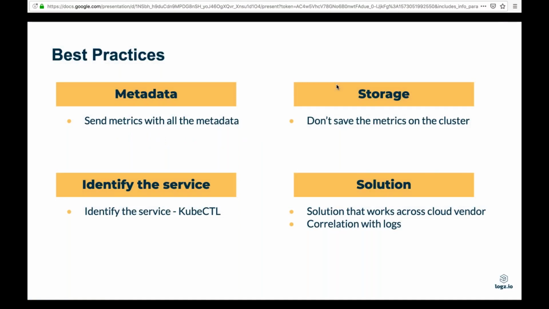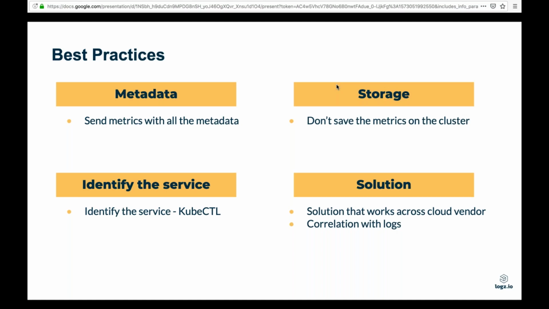I want to talk about four best practices that I think, from my perspective, can help you understand how to start and how to approach Kubernetes monitoring. The first one is metadata, because Kubernetes, as we said, is dynamic, and pods are moving and temporary.